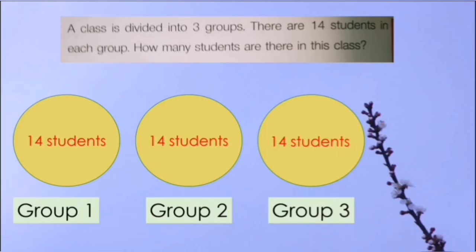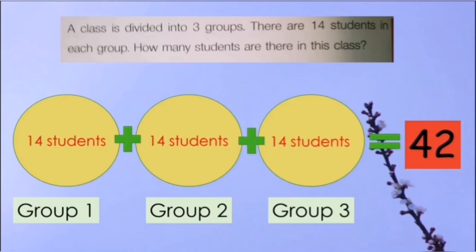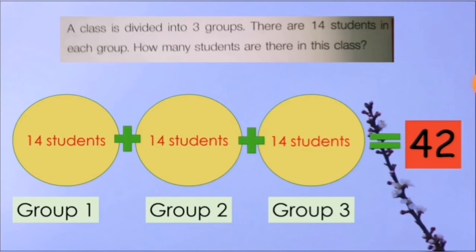So that means we are going to add the students in each group all together. So let's add 14 plus 14, we get 28. 28 plus 14, we get 42. So the answer is 42.